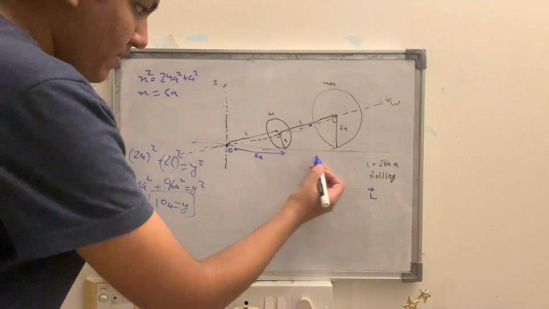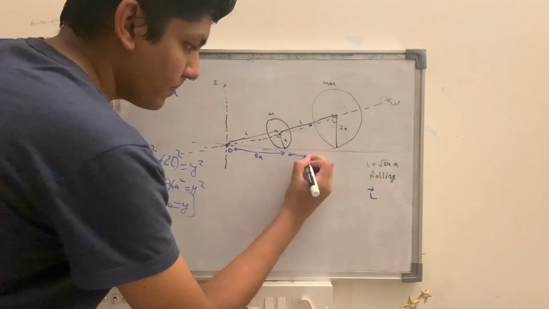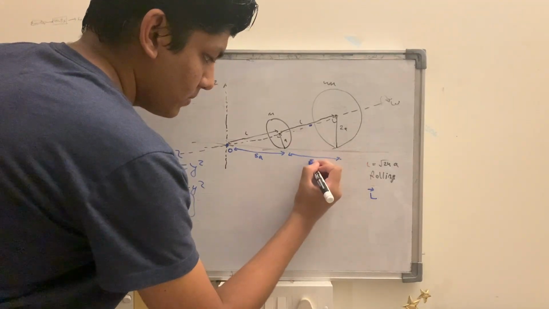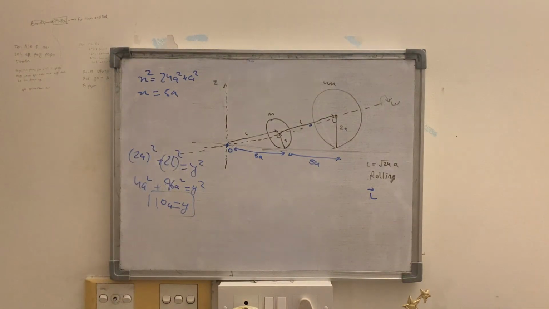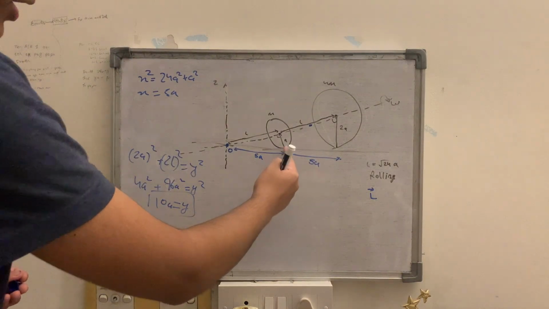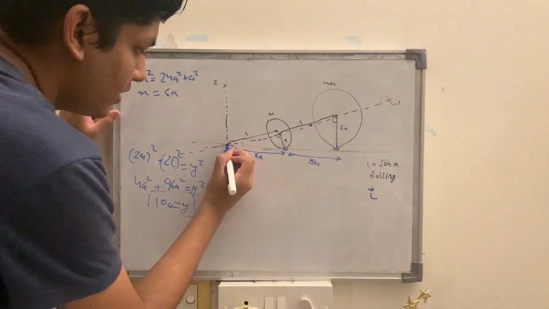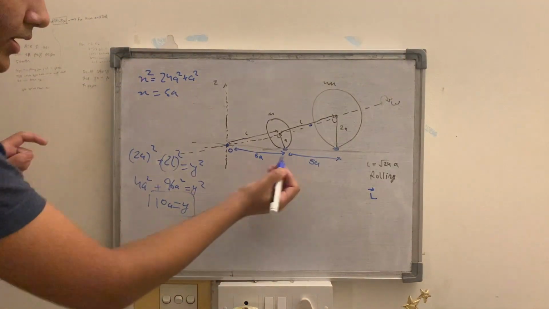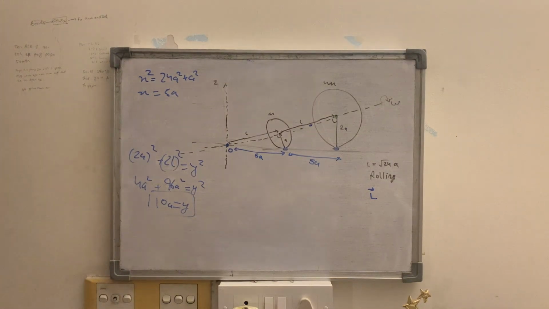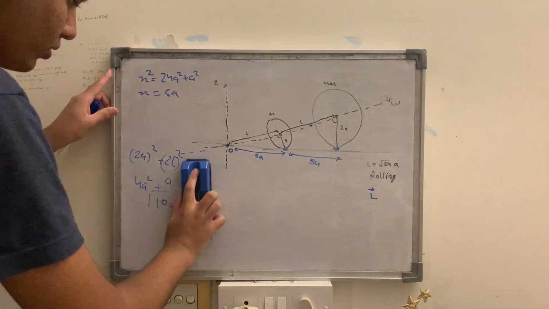So this remaining length from this point to this point is 5a, and from O to this point is also 5a. That we have figured out.